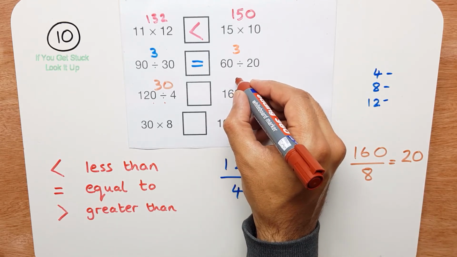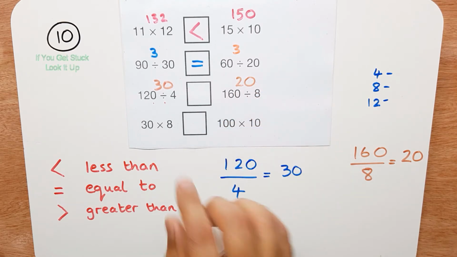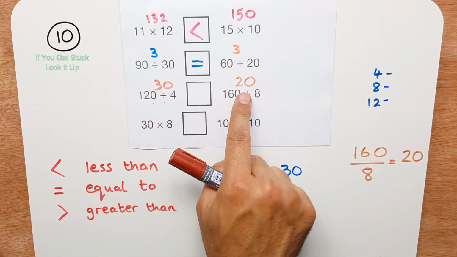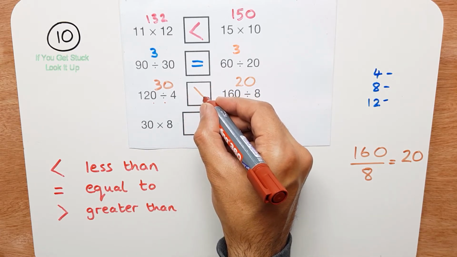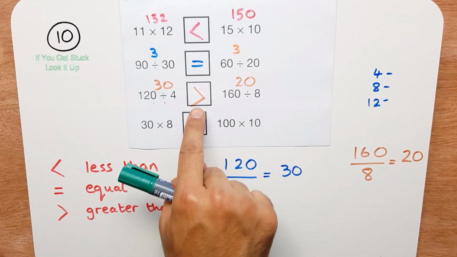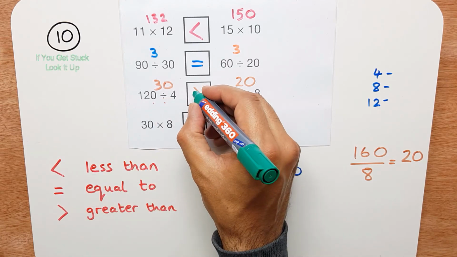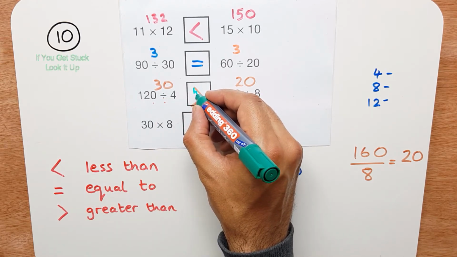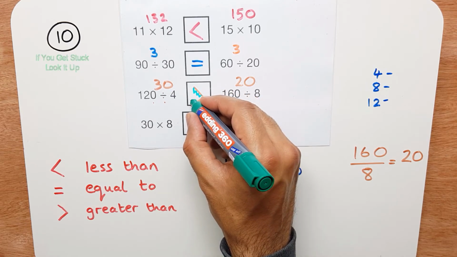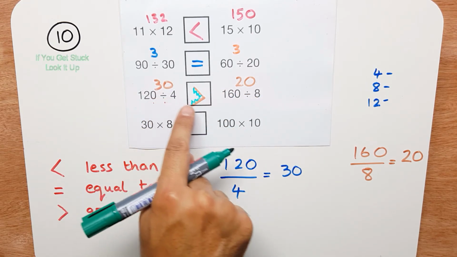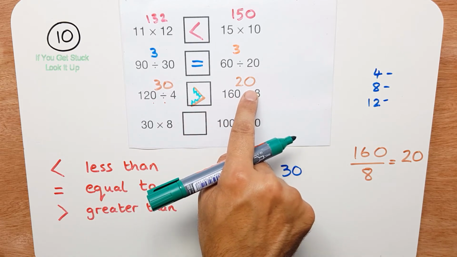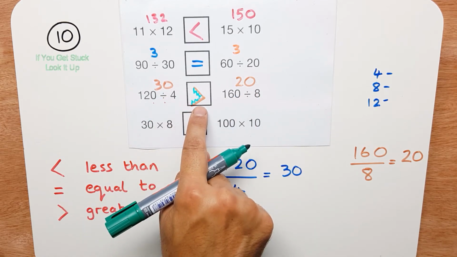So I can put 20 here. Now 30 is bigger than 20. So the crocodile has to eat the bigger number. So just imagine this is a crocodile. And it's got really sharp, long teeth. And it's hungry, so it wants to eat the bigger number. So 30 is bigger than 20. 30 is greater than 20.